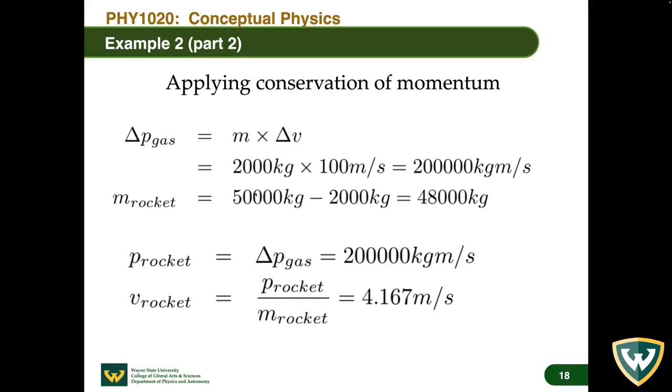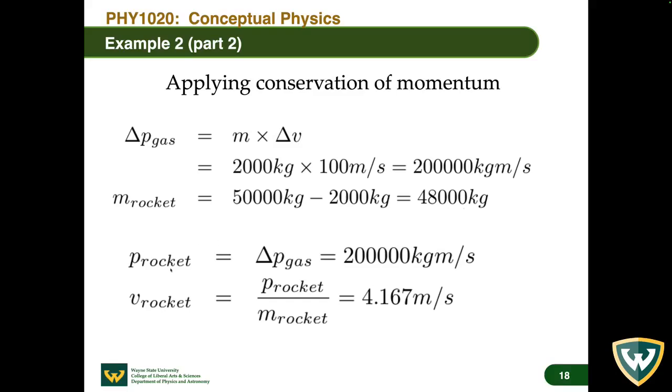Over this time of 200 seconds, the rocket will have gone from 50,000 kilograms minus 2,000 kilograms. So at the end of the 200 seconds, it will now be 48,000 kilograms. The momentum gained by the rocket is the momentum imparted to the gas.